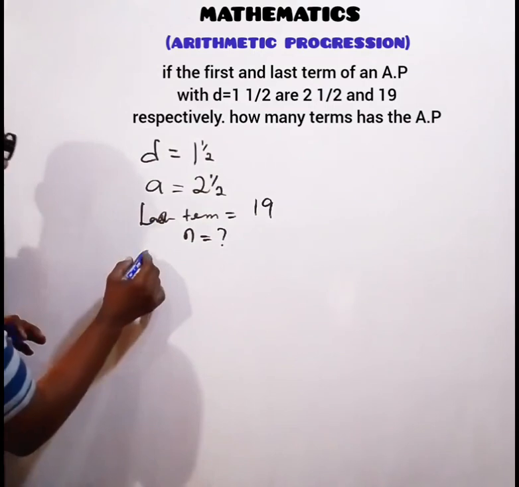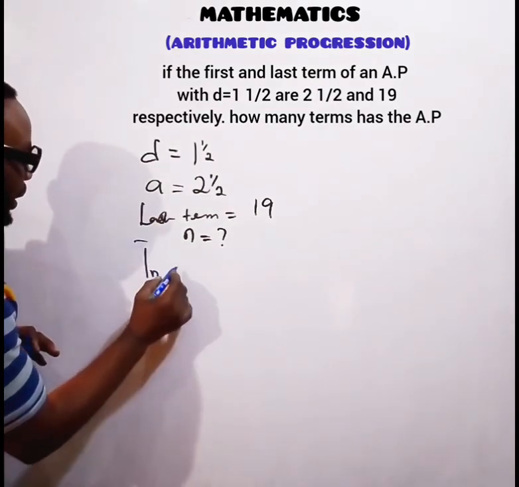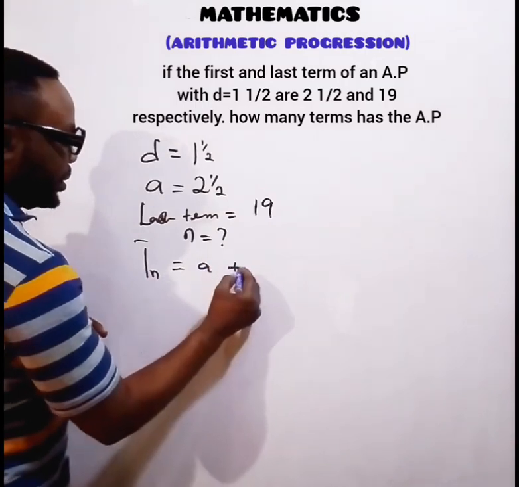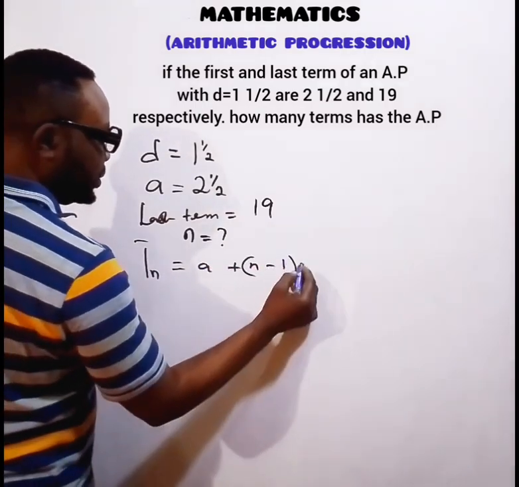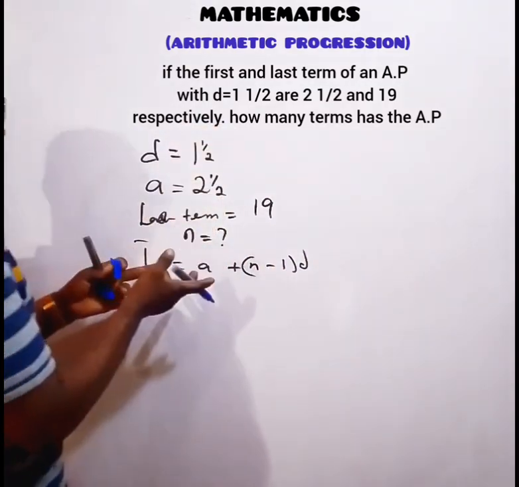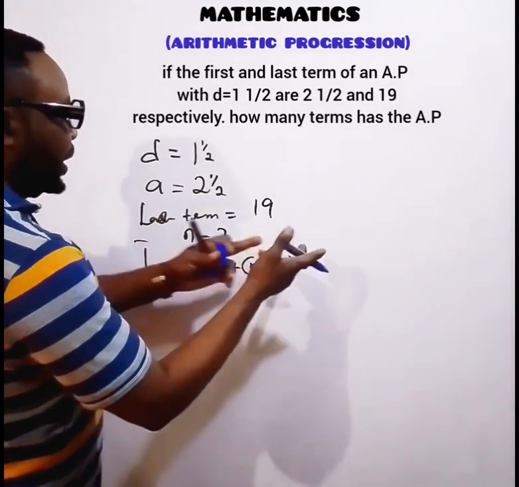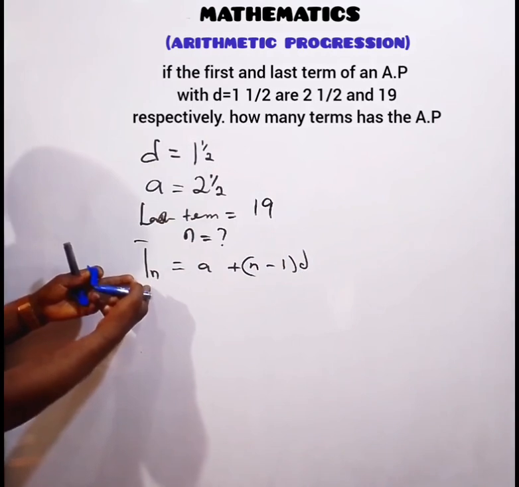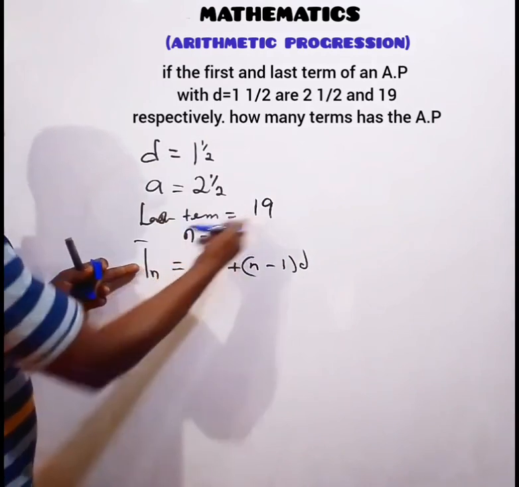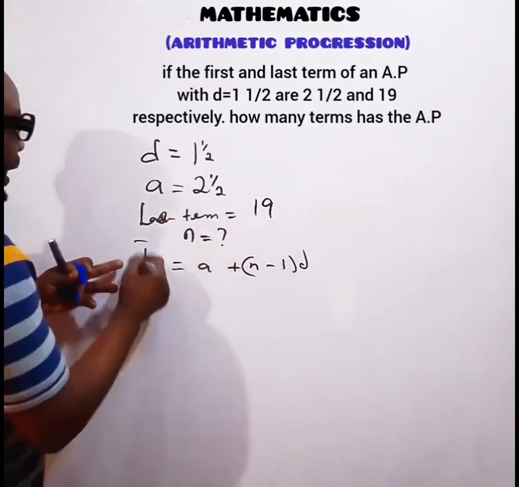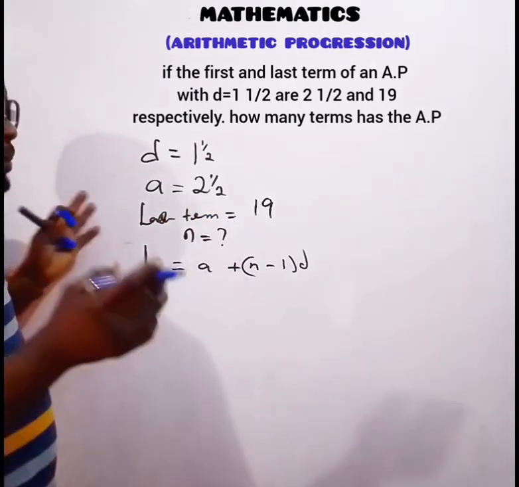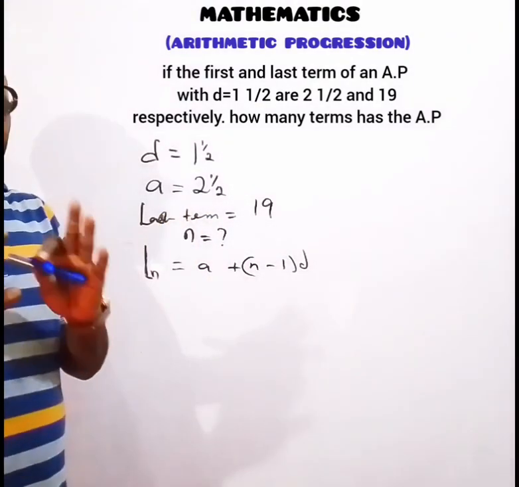Now, you can say that the nth term of an AP is equal to a plus n minus 1 into bracket of d. We have been given the value of a, we have been given the value of d, so also we have the value of the last term, which I'm going to bring in there now. I cannot call this one last term, I'm using it in that way by myself.